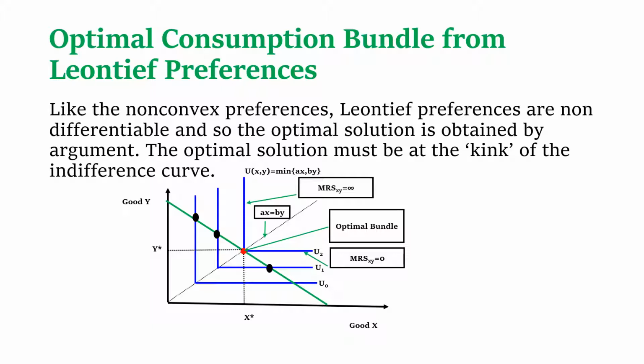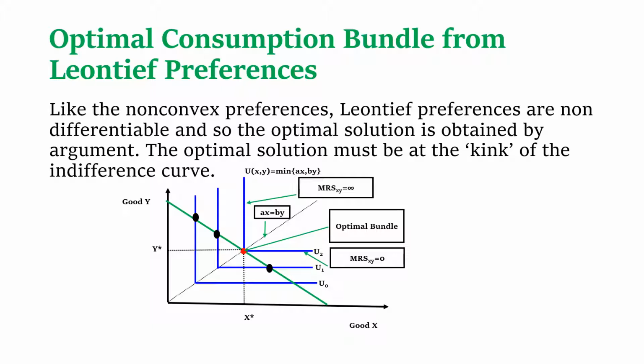Say, for example, you have left shoes and right shoes. You are better off having equal amounts of those 2 goods.